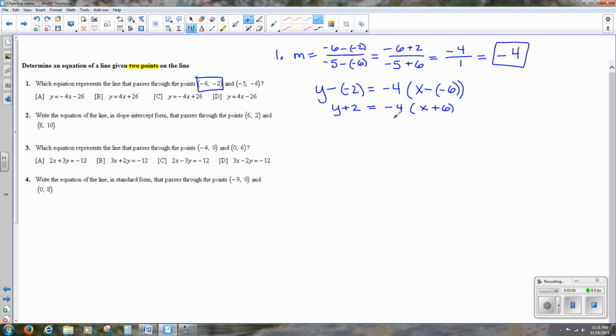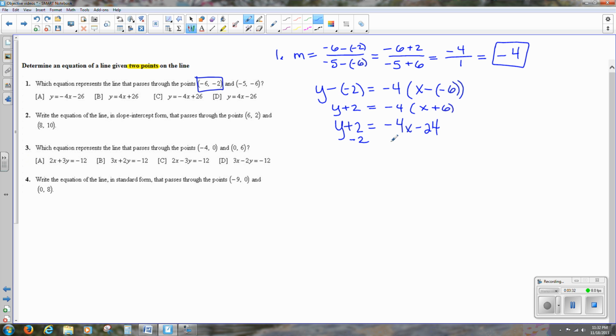All right, that's point-slope form, but they want me to have it in, it looks like, slope-intercept form. So let's solve for y. I can subtract 2, but I want to wait until after I distribute. Let's take care of those parentheses first. So -4 times x is -4x. And then -4 times 6 gives us -24.